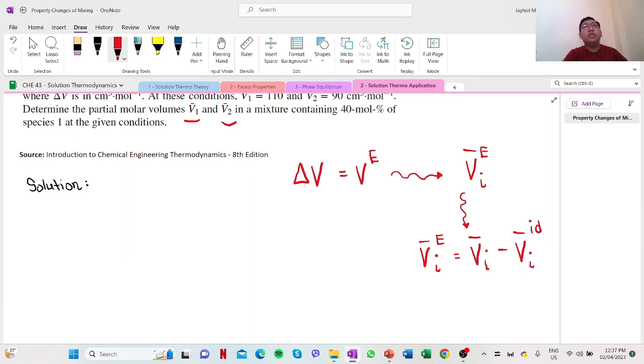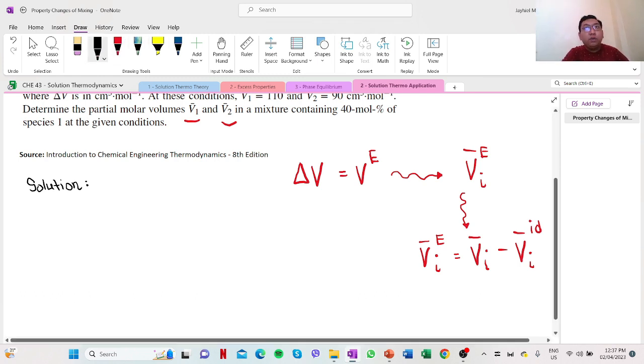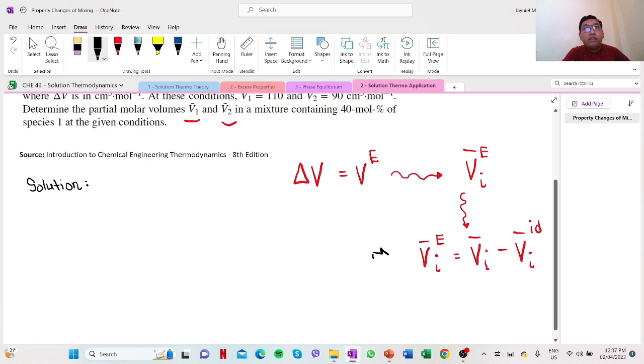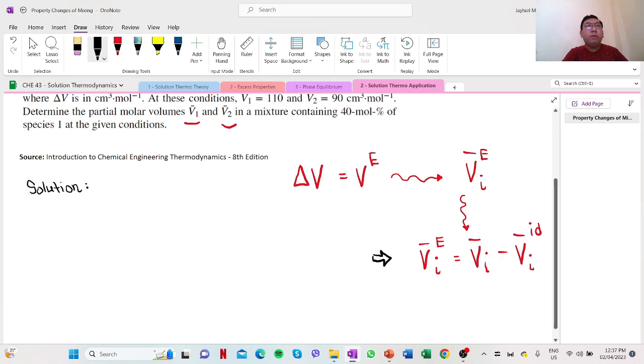in an ideal solution. So again, you are just sticking to the operational definition of what an excess property is. Essentially, it's the difference of the actual partial molar thermodynamic property minus the partial molar thermodynamic property under ideal solution condition. Essentially, the partial molar property is for the actual solution.